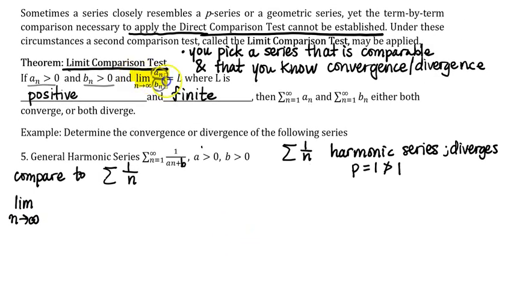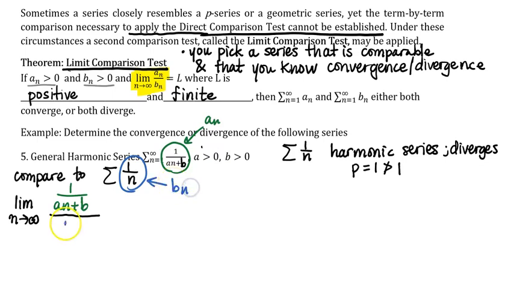It says take the limit as n approaches infinity and divide the two terms of the series, a sub n divided by b sub n. It doesn't particularly matter which one we choose to be a sub n or b sub n. But a sub n will be the series that I'm trying to figure out. Does it converge or does it diverge? So I'll take the terms of that series and divide them by b sub n, the second series that I'm comparing to, which is 1 over n.